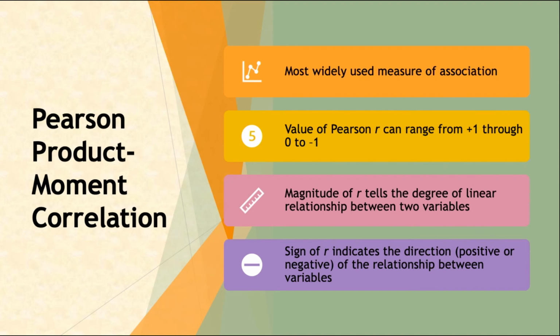The value of Pearson r can range from +1 through 0 to -1. The sign of the coefficient tells you the direction of the relationship. A positive correlation indicates a direct relationship: as the values of the scores in one distribution increase, so do the values in the second. A negative correlation indicates an inverse relationship: as the value of one score increases, the value of the second will decrease.